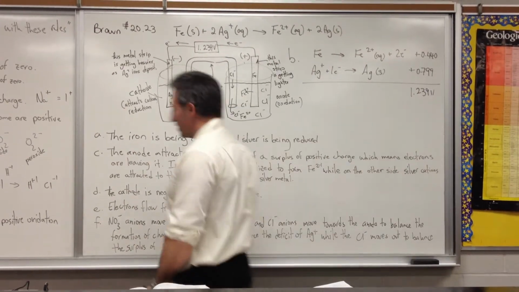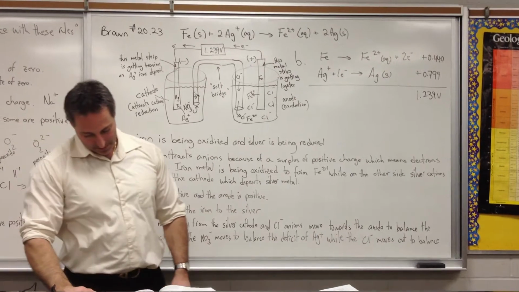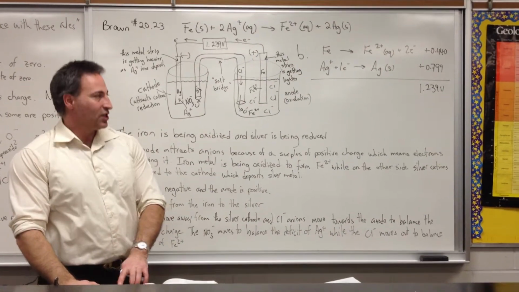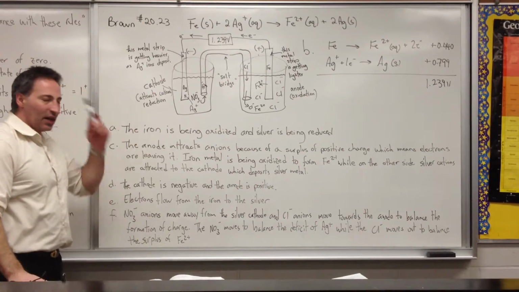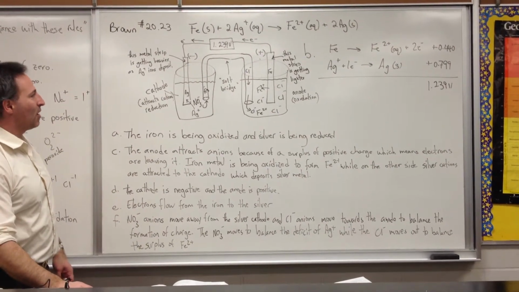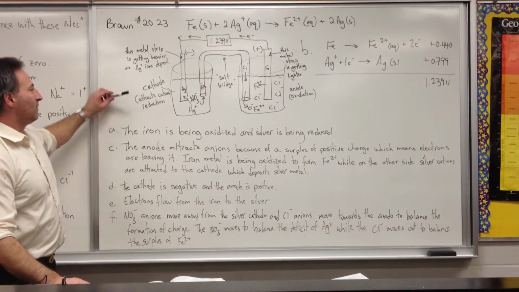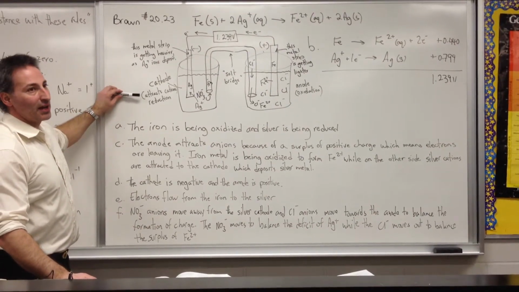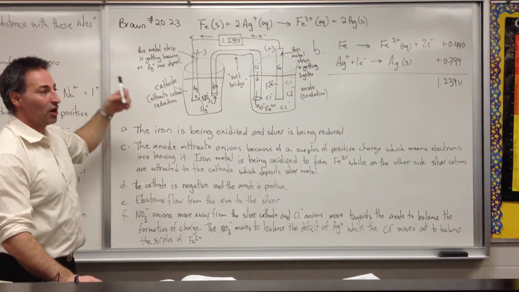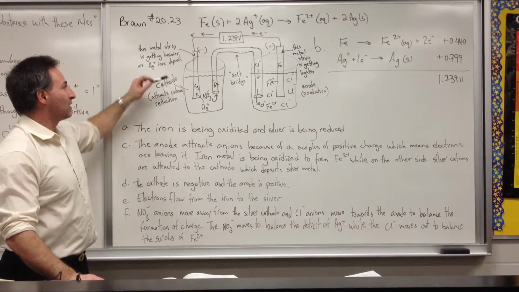In question C, it asks which electrode is the anode and which is the cathode. The one thing I remember to remind me how to write these galvanic cells properly is that the cathode attracts cations. So the positively charged ions are attracted to the cathode.